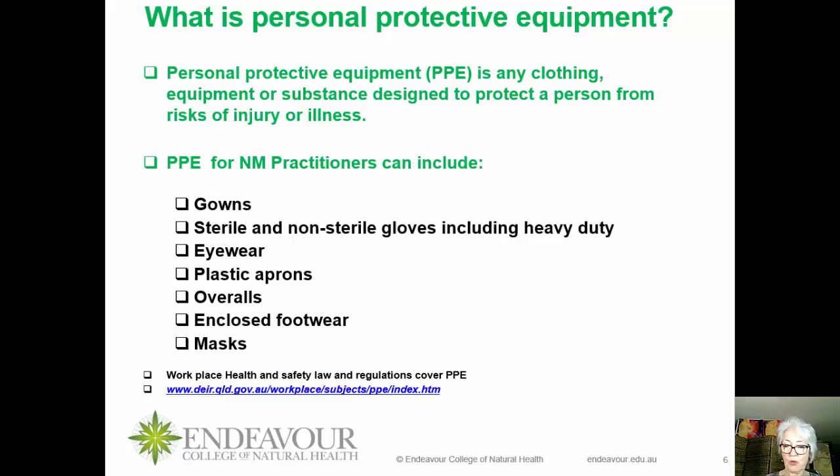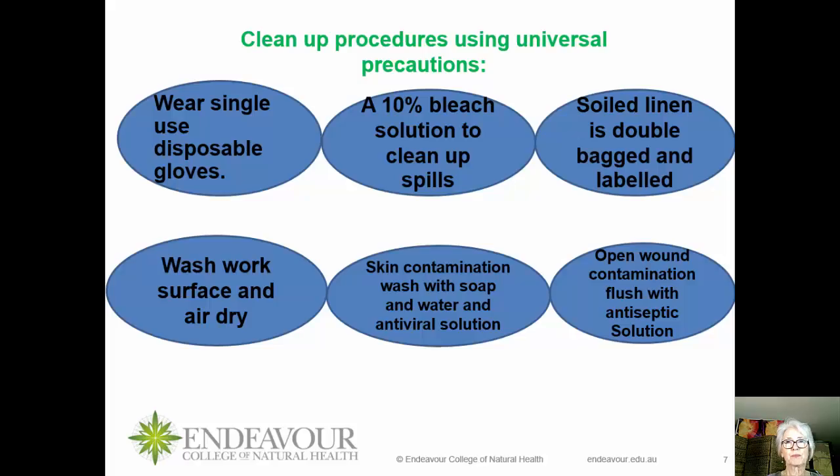If there is a spill, what would we do in the event of a spill? Clean up procedures using universal precautions. We would wear single-use disposable gloves. We would use a 10% bleach solution to clean up spills, which ensures that pathogens are knocked out.